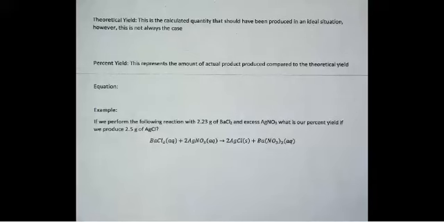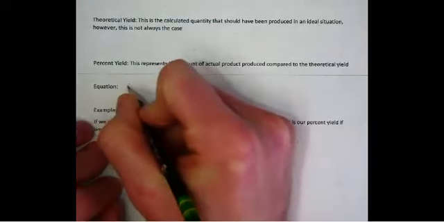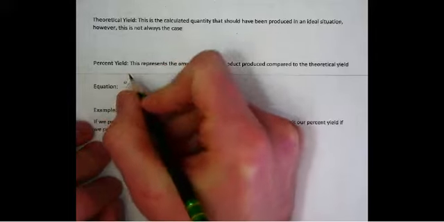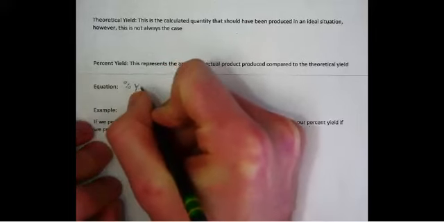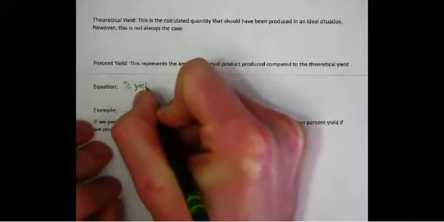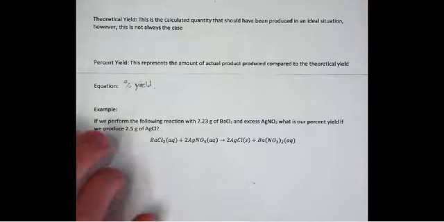So the percent yield is a representation of how close our products are in a real-life chemical reaction compared to the theoretical yield. The equation for the percent yield is that of any percentage. I remind everybody that the equation for any percentage is simply parts over a whole.